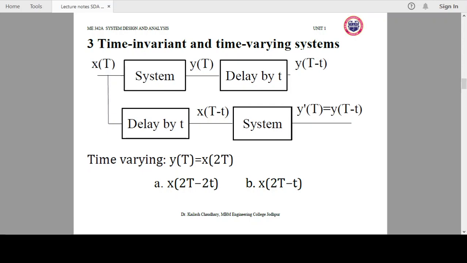Now you can easily see that solution A and solution B are different. That means the same equation, if you pass through the above pattern, you get a different answer, and if you pass it through the below pattern, the answer will be different. So for the same equation we are getting different answers. It is a time varying system, where you are getting different results for the different patterns.